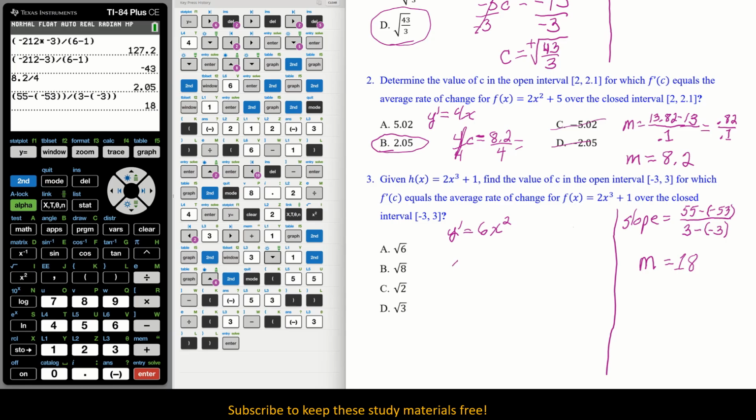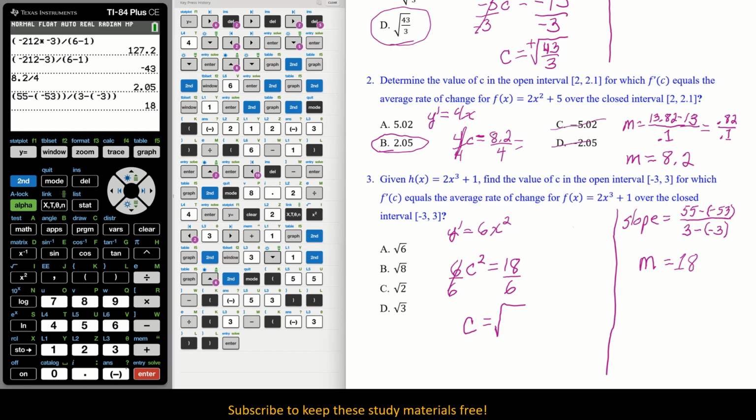So we have 6c squared equals the 18. Now we divide both sides by 6. And we know that to pull our c squared out, we need to take the square root of both sides.